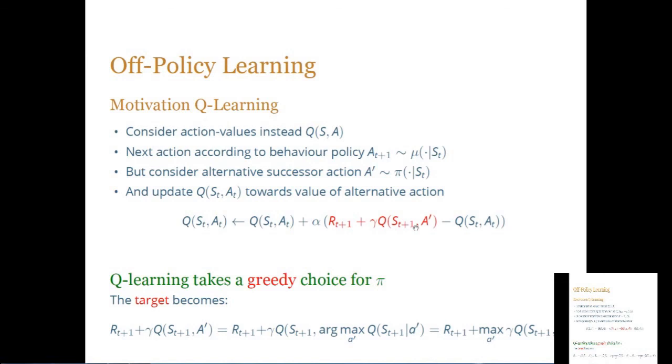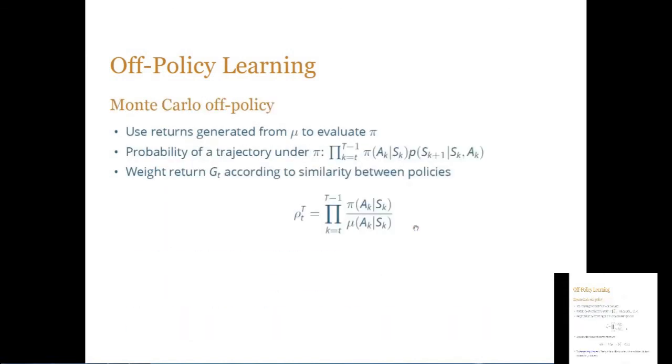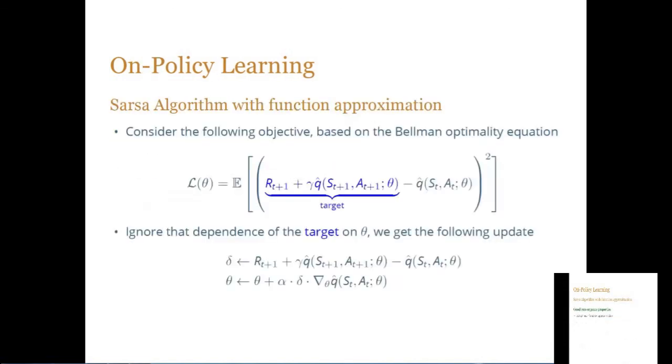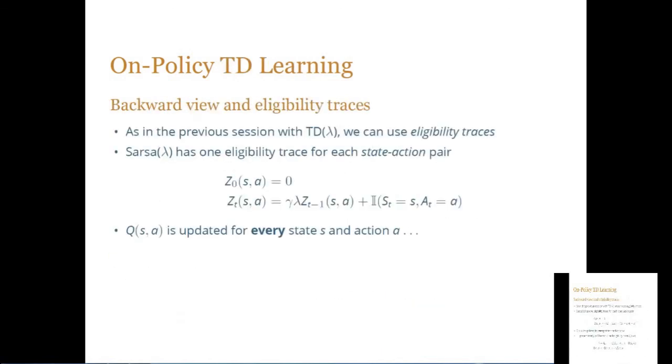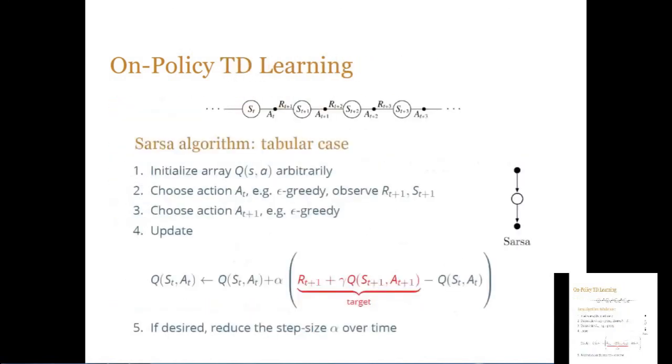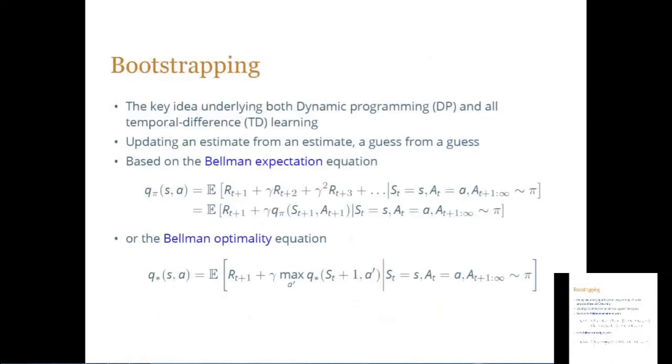And in the case of SARSA, you will take a different choice: your target will be your next estimate. So this is the idea behind the two types of Bellman equations. This would be the one corresponding to SARSA, and this would be the one corresponding to Q-learning.